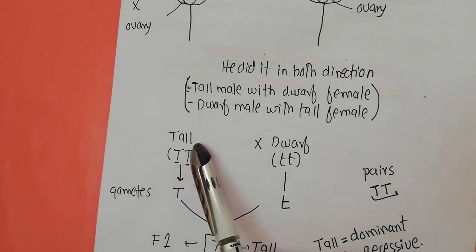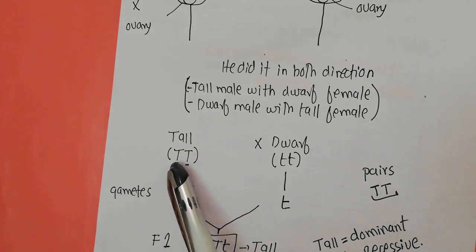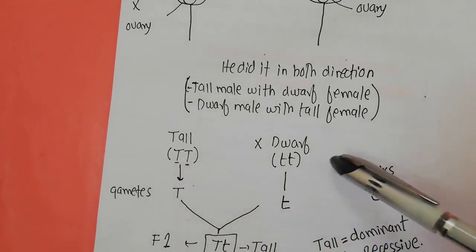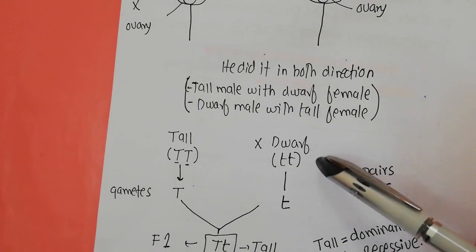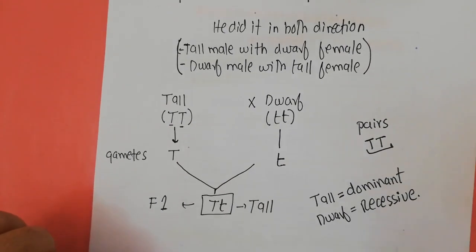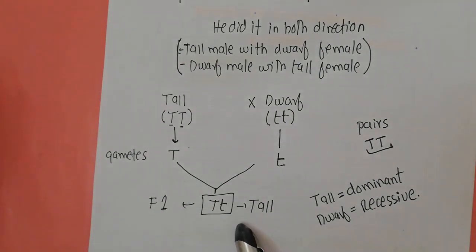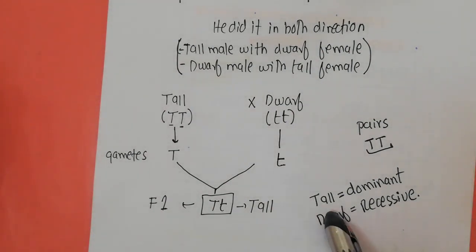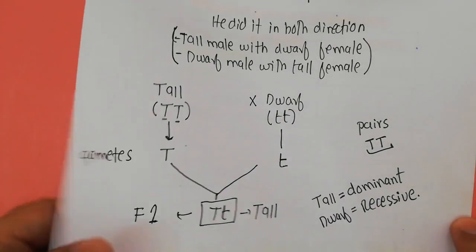So he crossed a tall plant with genotype capital T capital T to a dwarf plant with genotype small t small t. What he got in the F1 generation was that all of the plants were tall, and from here he deduced that the tall trait is dominant and the dwarf trait is recessive.